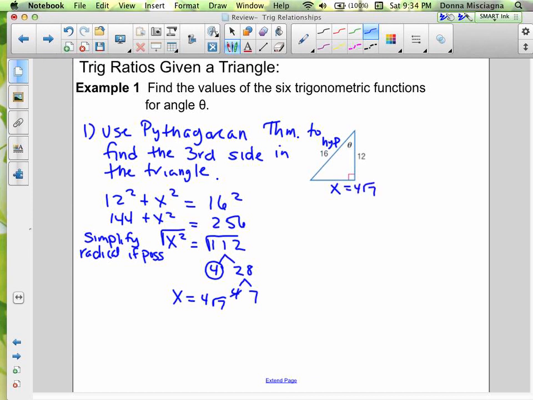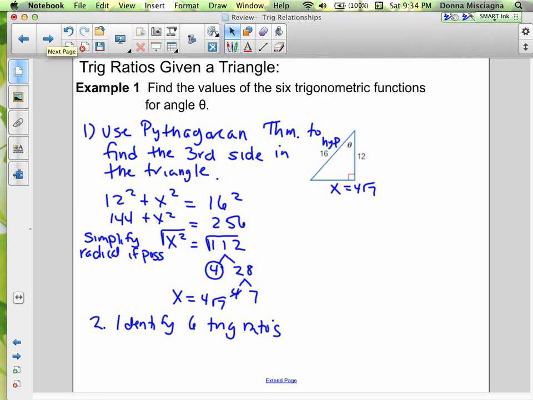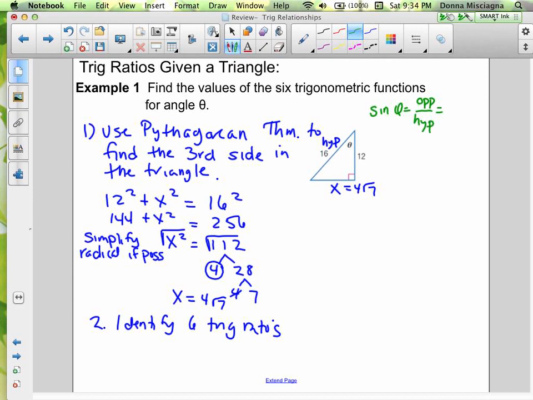So now step number 2 is just to identify the 6 trig ratios. I'll just remind us of what sides we use.